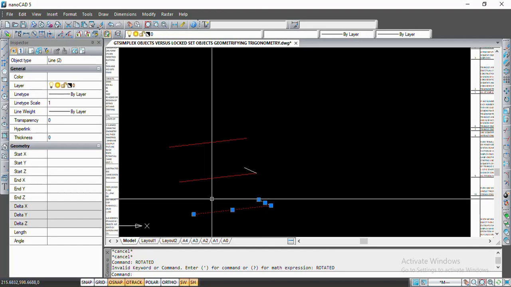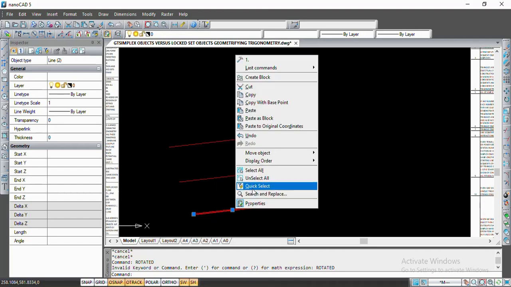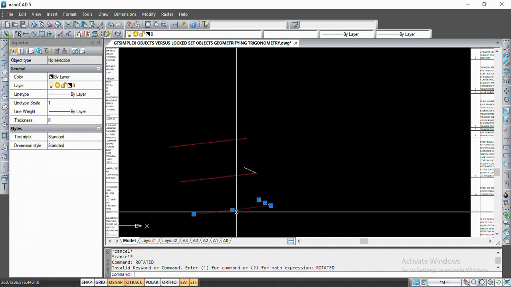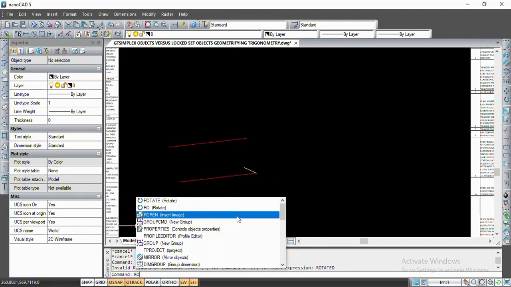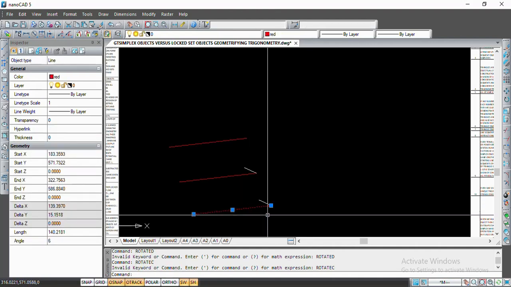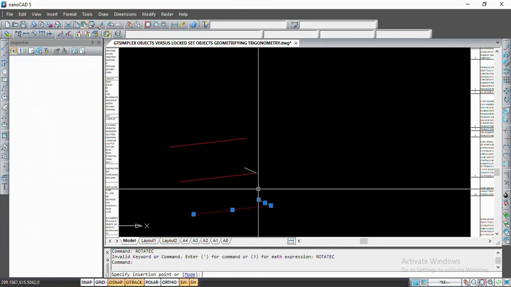Suppose we have selected it and snapped it to the midpoint. Suppose we want to rotate this whole thing. Rotate.